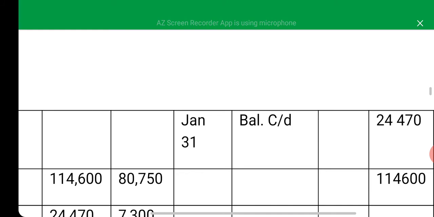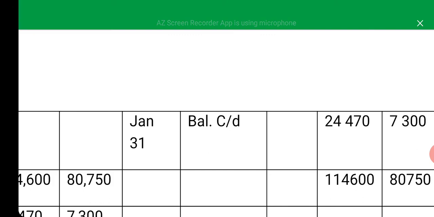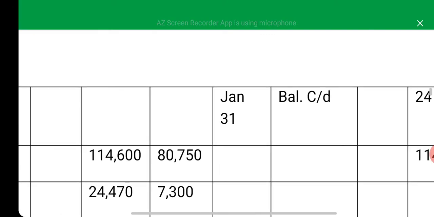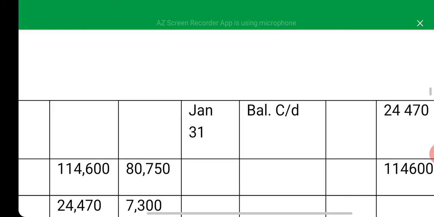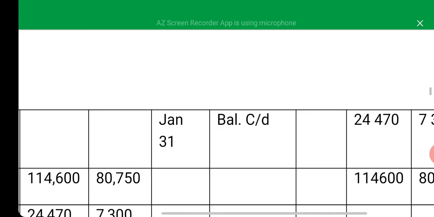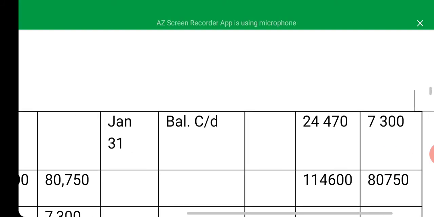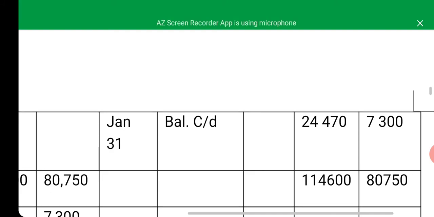The difference between the two will give you the balance carried down for the cash column. The total on the debit side of the cash column is 114,600. So the difference between the total on the debit side and that of the credit side of the cash column is 24,417, representing the balance carried down for the cash.